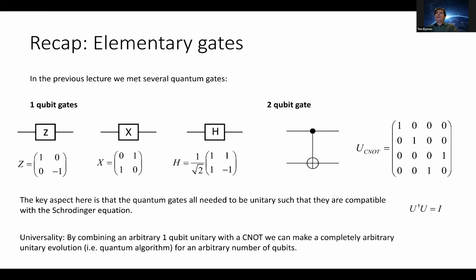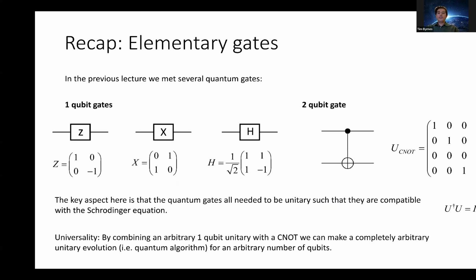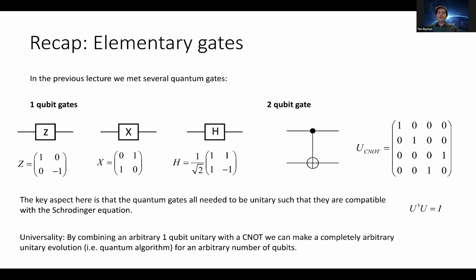So actually, we can make quantum algorithms just by combining gates like these. Actually, there's maybe a few more gates we need for the one qubit gates. In order to have a completely universal set, I think you need a couple more one qubit gates.